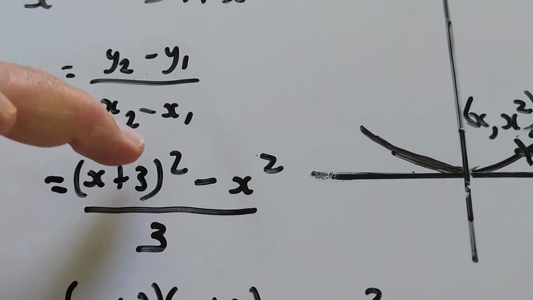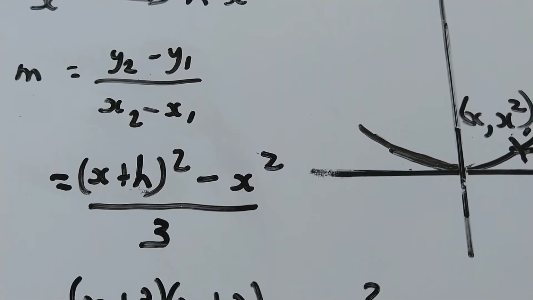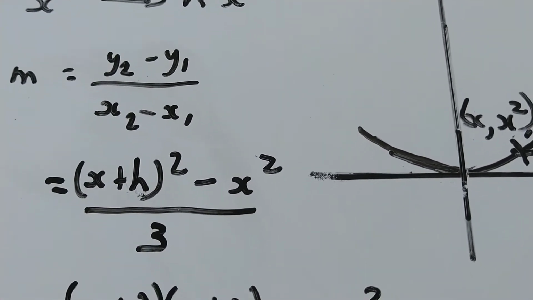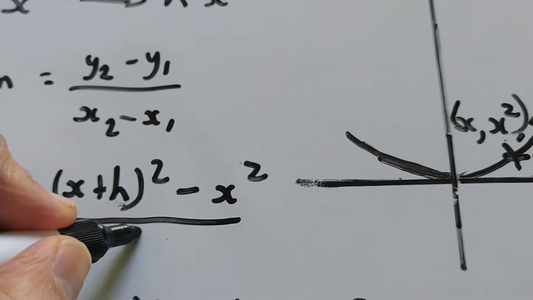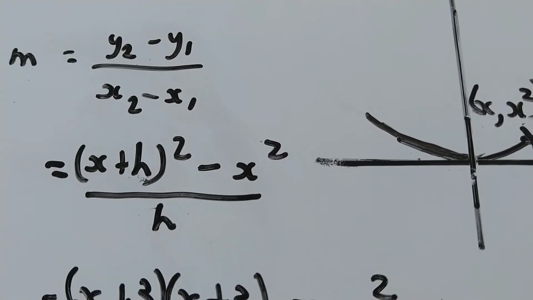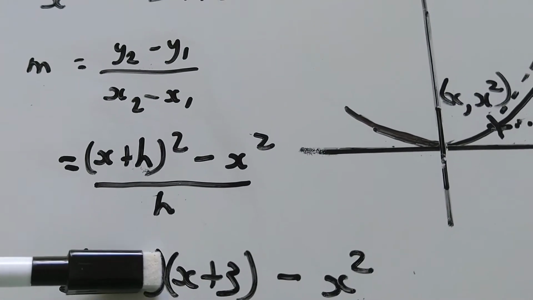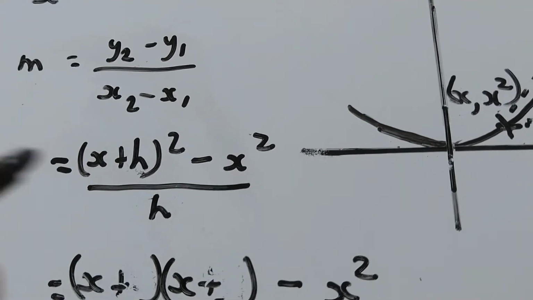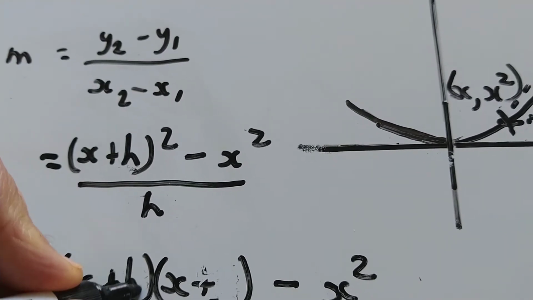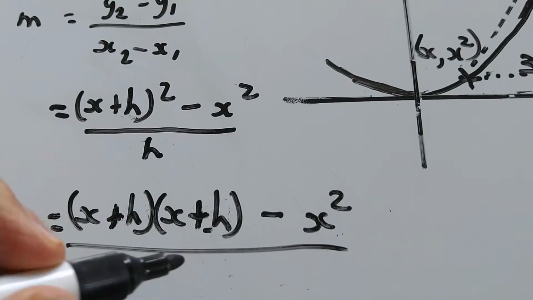Well, instead of x plus 3, it's x plus h squared. My change in x just becomes h. So I get x plus h times x plus h, over h.